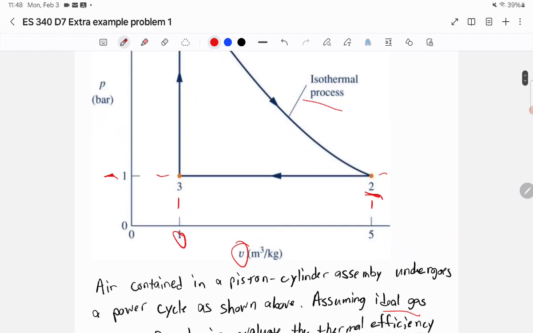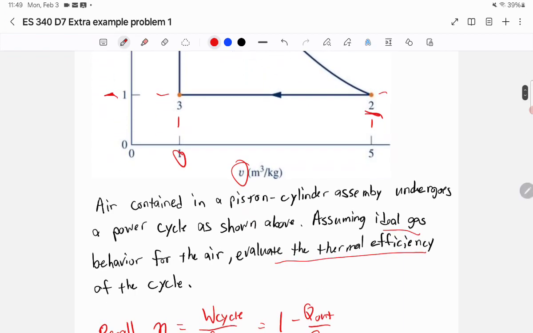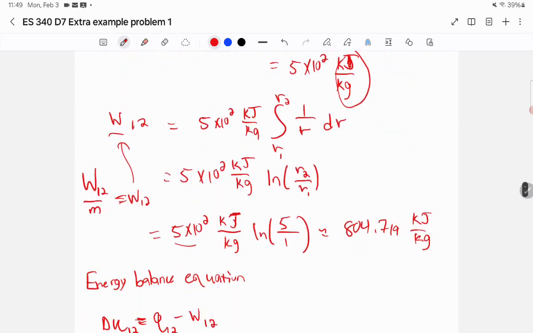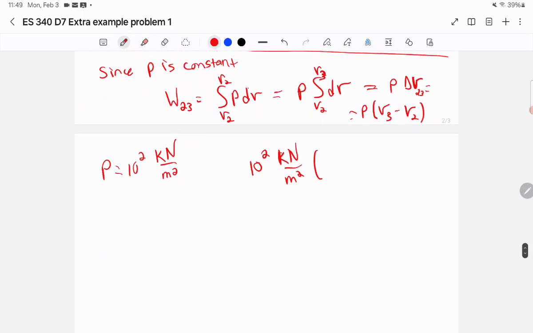This was 5 meters cubed per kilogram, and then it went down to 1 meters cubed per kilogram. So that's going to be 5 meters cubed per kilogram minus 1 meters cubed per kilogram.